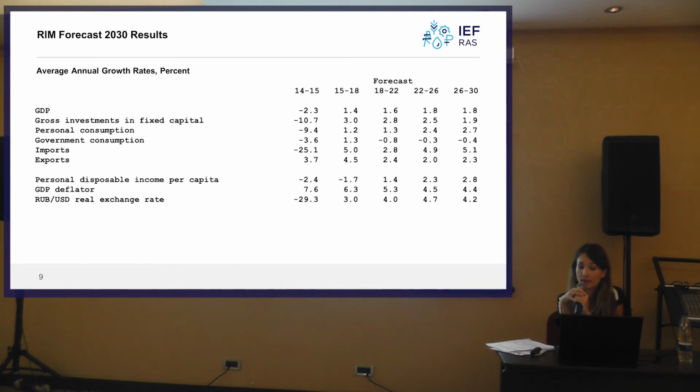With the newly estimated investment equations, we see the growth of investment, according to the model, is 2.8% in the nearest 4 years, and then it slightly declines to 2.5 and 1.9 in the last 4 years of the forecasting period. Personal consumption accelerates its rate from 1.3 to 2.4, 2.7, in this inertial scenario.